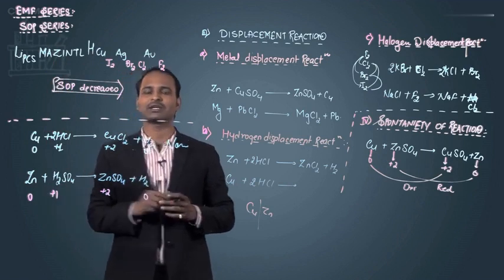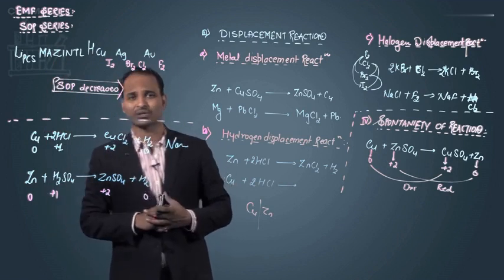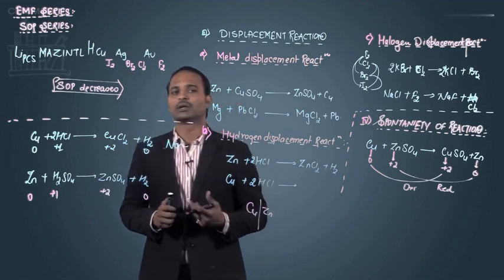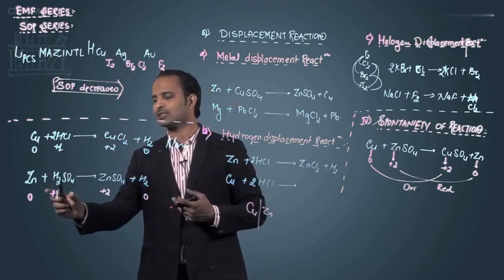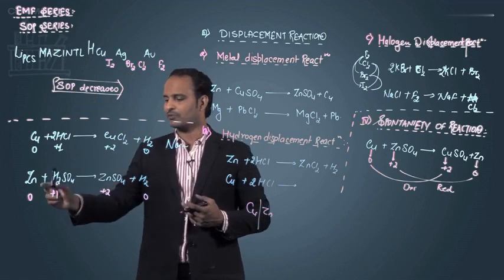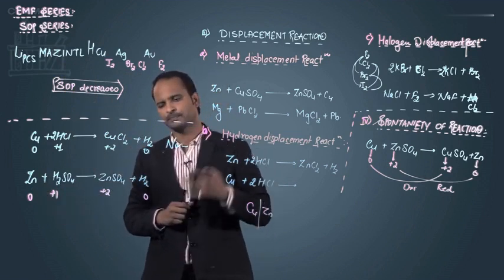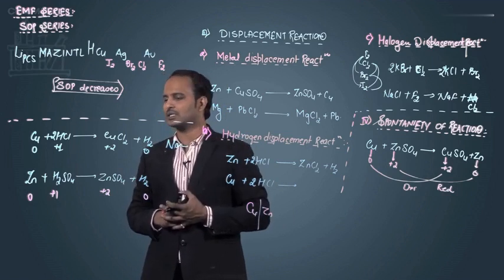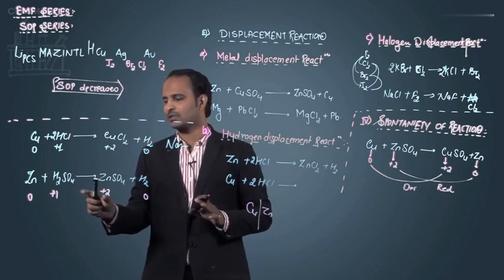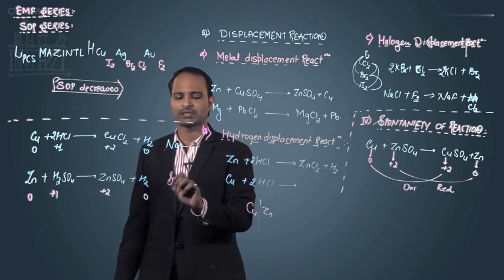The same thing is happening in the reaction: zinc is oxidizing and hydrogen is reducing. So things are exactly like the SOP series. The same thing is happening which is expected according to the SOP series. That's why this reaction is spontaneous.